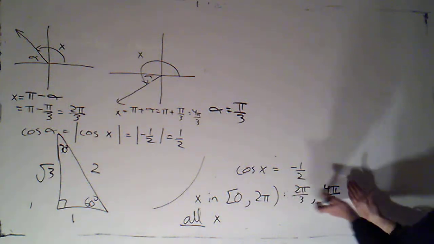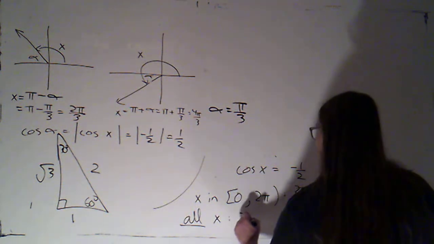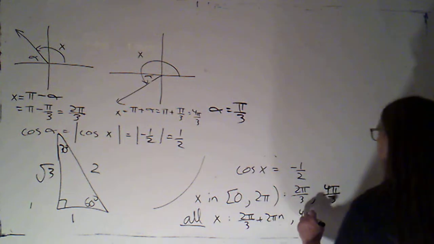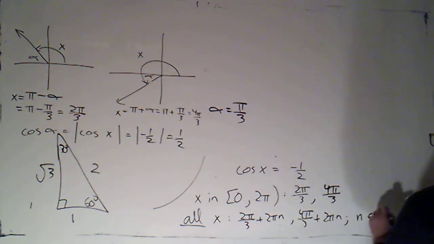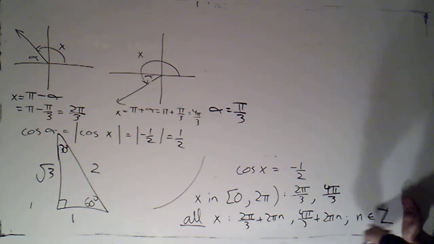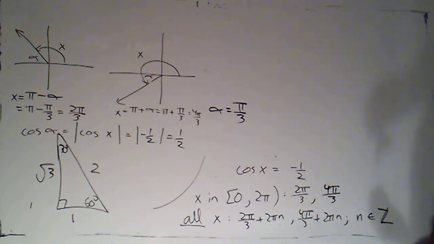However you got here, that's where we should be. Now for all x, we just add a multiple of the period. So that would be 2 pi over 3 plus 2 pi n, or 4 pi over 3 plus 2 pi n, where n, I want to make sure I specify, is an integer. And the fastest way of writing that is an element of that fancy Z, which tells me it's an element of the set of integers.